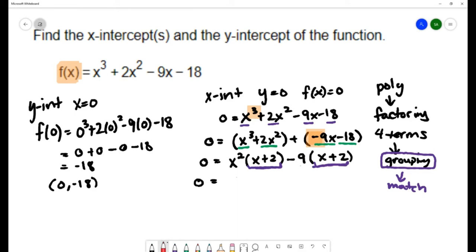So thinking of this term and this term, we have a common factor of x plus 2. So we're going to factor that common factor out of x plus 2. And when we factor that common factor out, what's left is x squared minus 9.